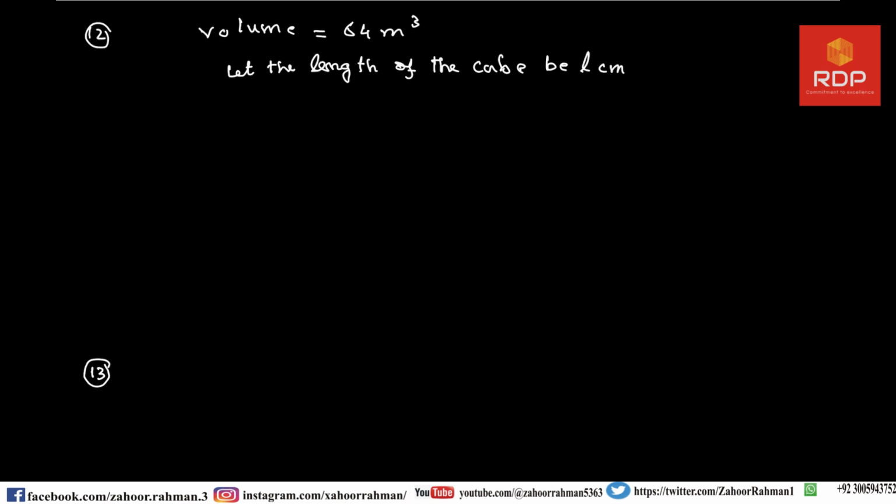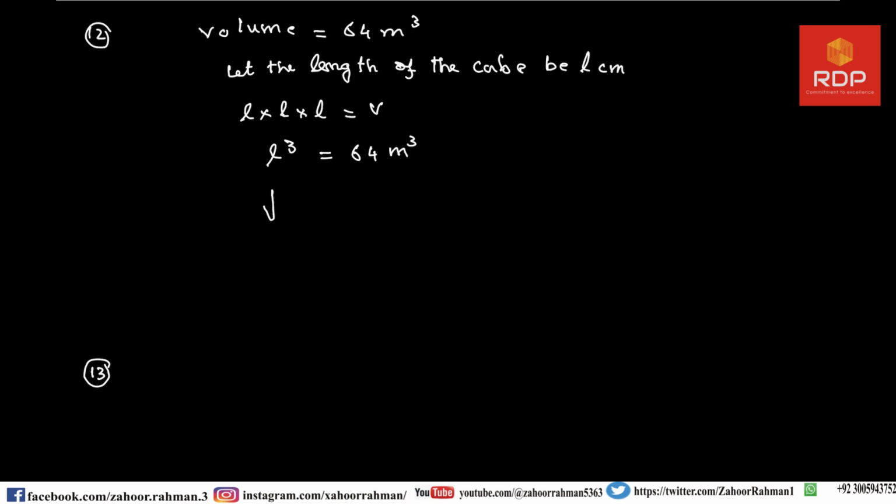Let us consider this. So L cross L cross L will be equal to V, and that will be L cube, and they have given us 64 meter cube.